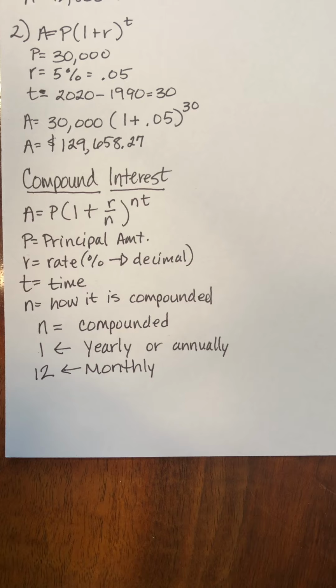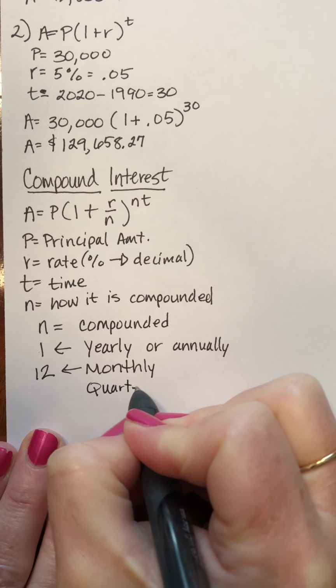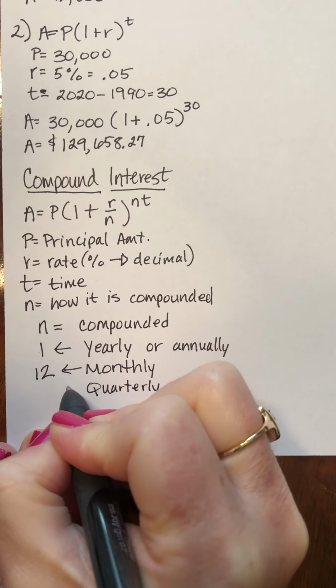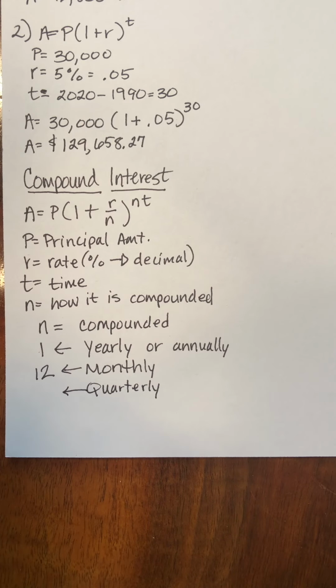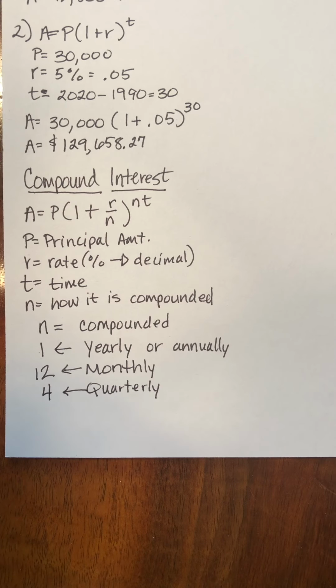So n will be 12. If it's compounded quarterly, you think how many quarters are in a year? How many quarters are in a dollar? There are 4. 4 quarters to a dollar, 4 quarters to a year. So if your problem is saying that this is compounded quarterly, the value of n is going to be 4.